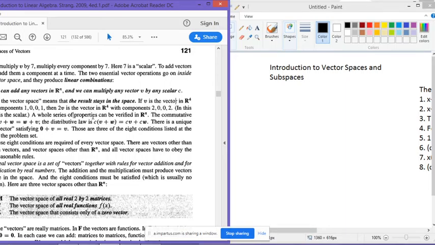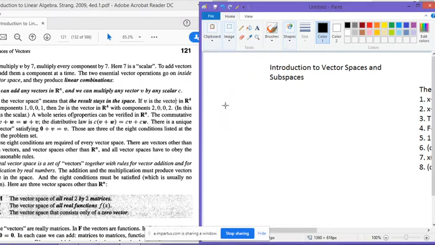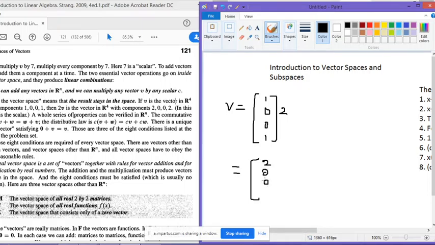So if v is a vector in R^4, for example, a 4-dimensional vector with 4 components, that is 1 0 1 0 0 1, and it is multiplied by a scalar, that will give us 2 0 0 2, sorry, 2 0 0 2. So I get these components in the R space, and the new vector is present in the same space.